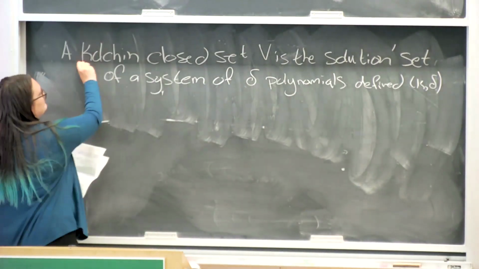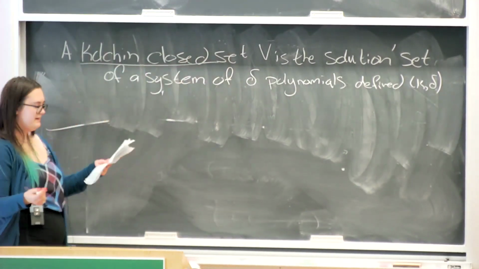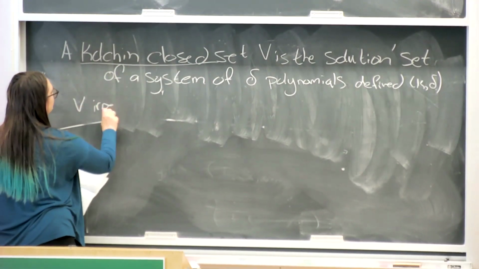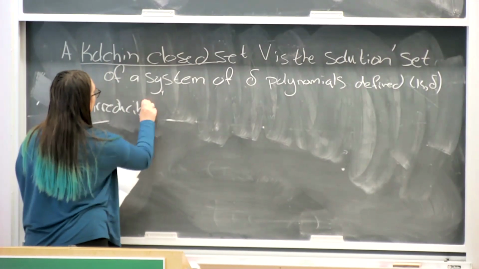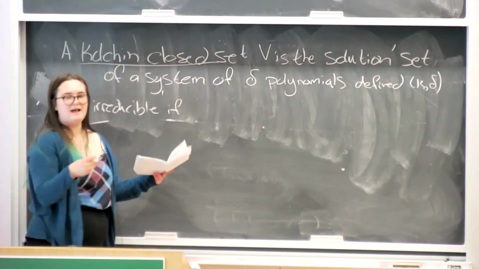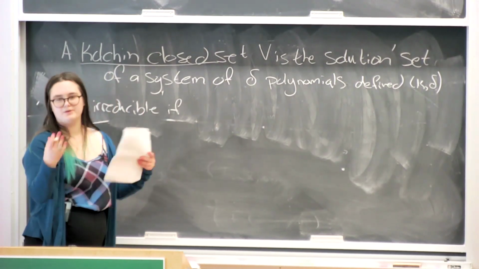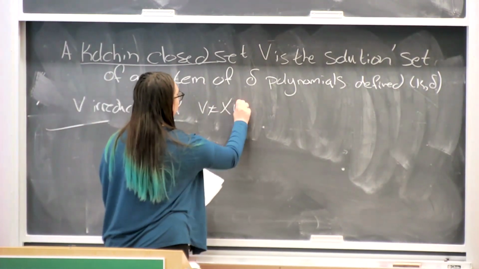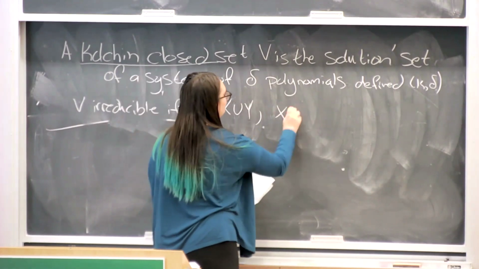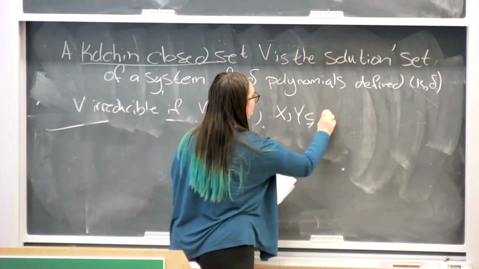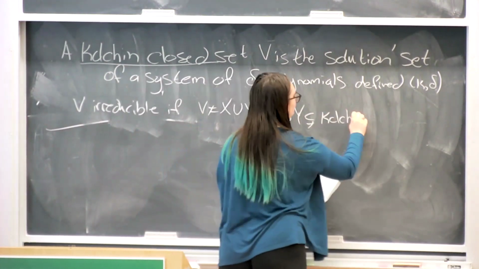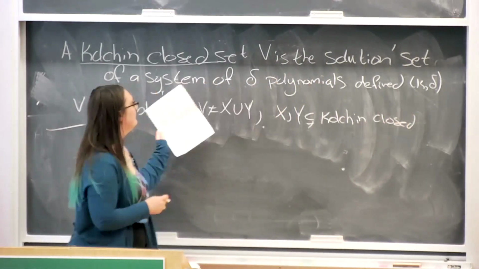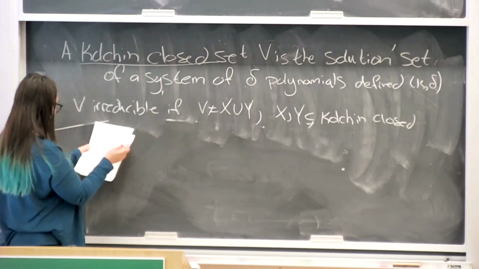Okay, so these are also sometimes referred to as delta varieties. And we say that this set is irreducible if it's not written as the product of any two proper Kolchin closed sets. So if B is not equal to X and Y for X and Y proper Kolchin closed. Again, everything here is over K.